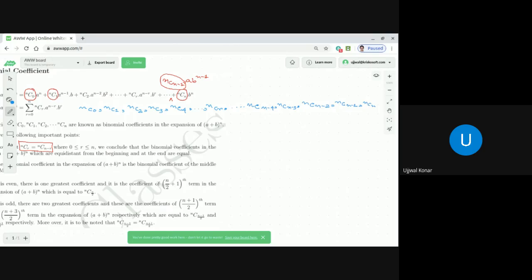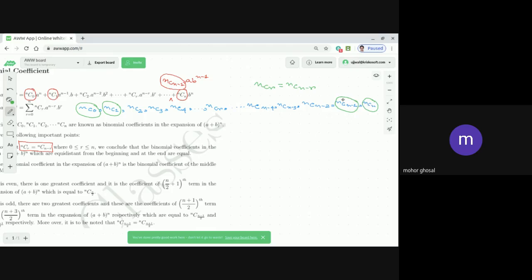All of you agree? Yes. Now, there is a formula called nCr is equal to nCn minus r. If we apply that formula, the value of nC0 should be nCn minus 0, that is nCn. These are equal. Similarly, the value of nC1 should be the value of nCn minus 1.